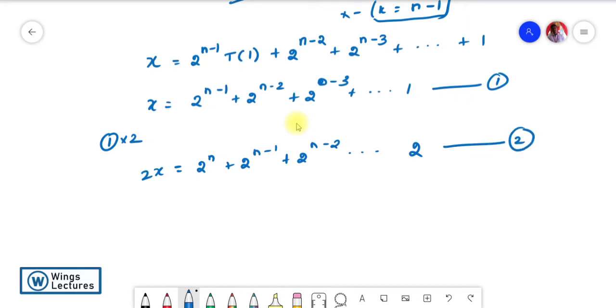Okay, so now we have to subtract these two equations for obtaining the final solution. So subtract equation 1 from equation 2. By subtracting this, what would be the result?